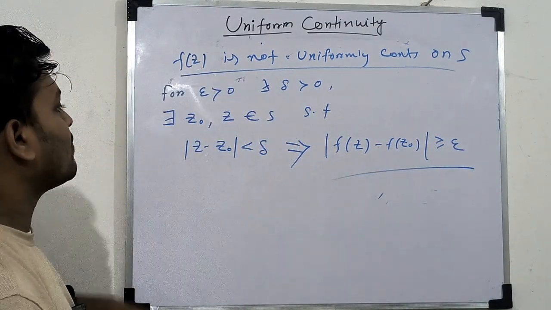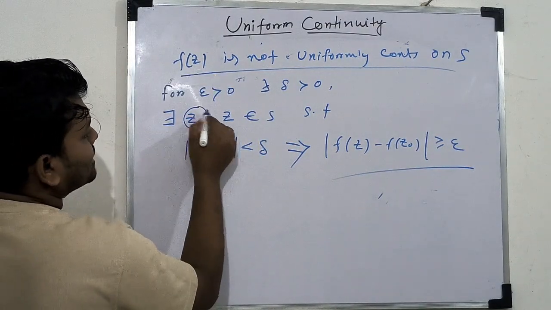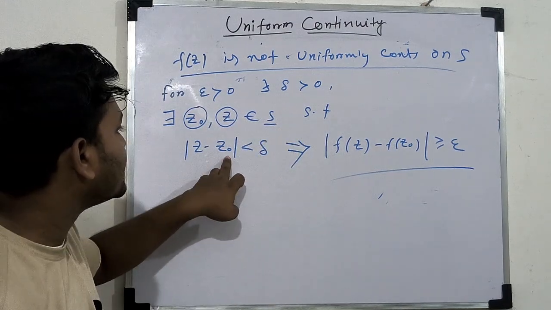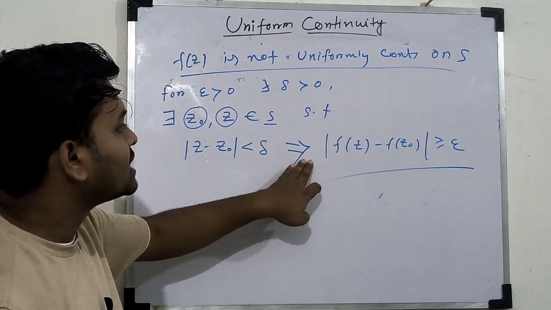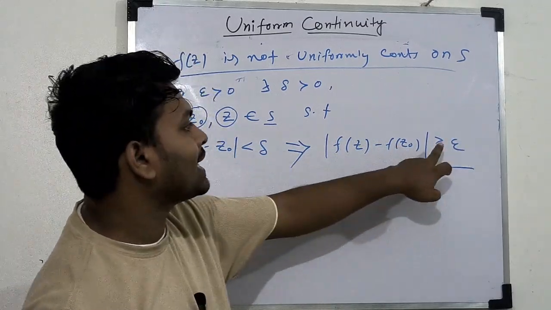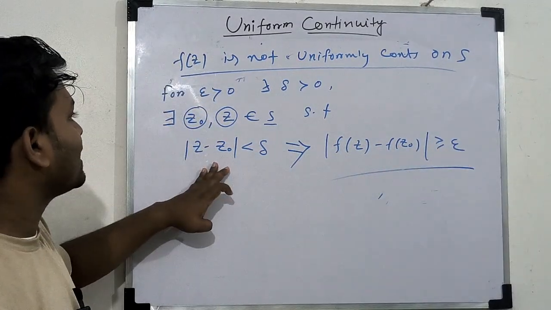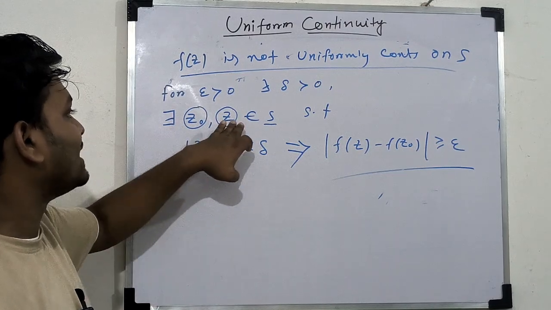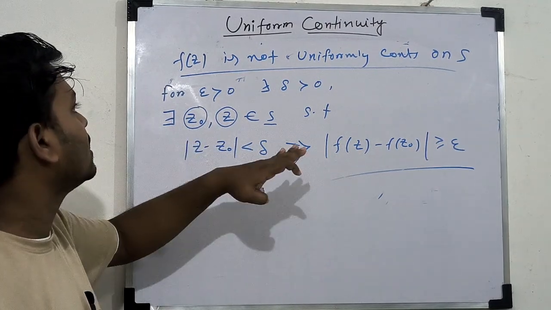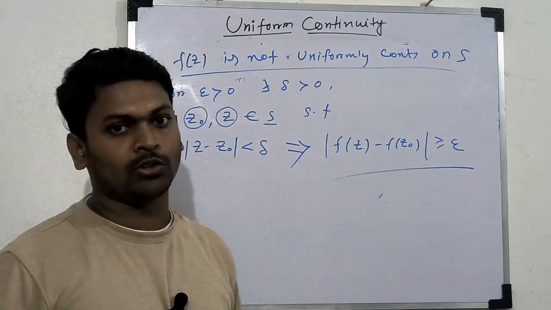So whenever you can find two points from this set such that |z minus z0| less than delta, which does not imply that this modulus is less than epsilon, that is, this will imply greater or equal to epsilon, then we can say this function is not uniformly continuous.